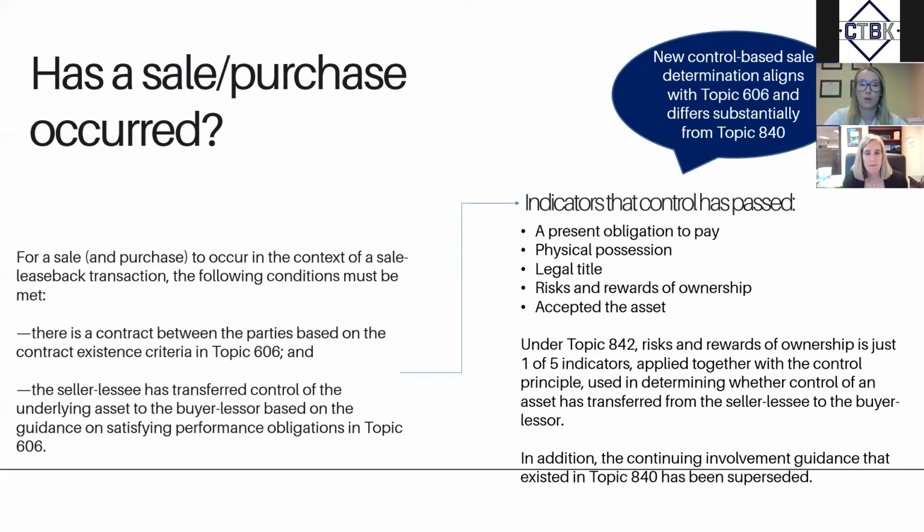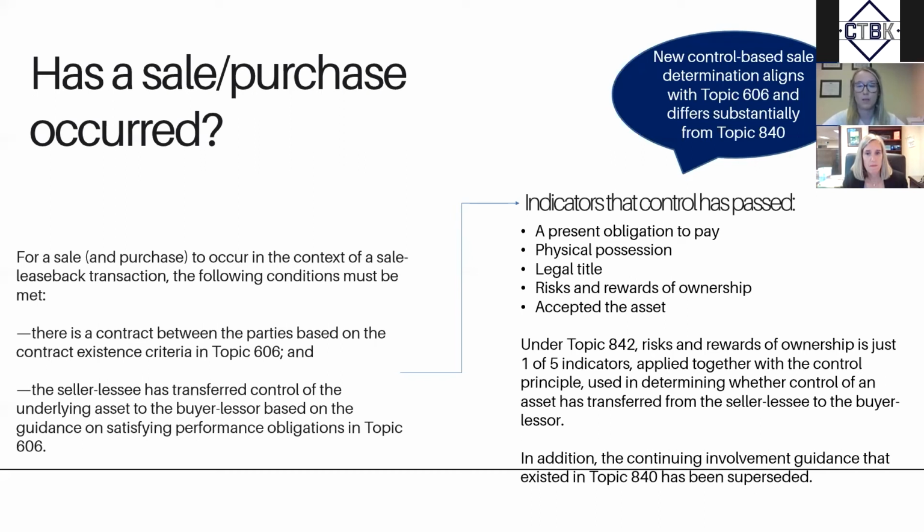Indicators of control could be physical possession, if you have legal title, risk and rewards of ownership, if you've accepted the asset, a present obligation to pay. But these are only indicators versus criteria.